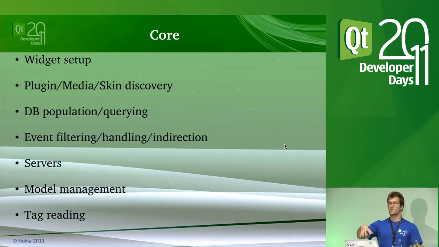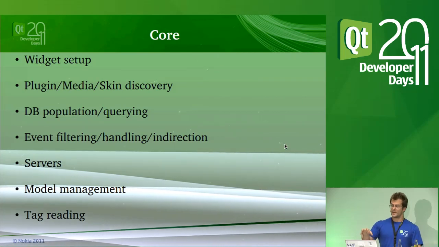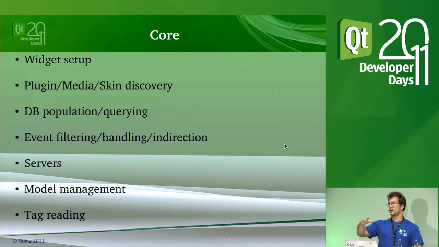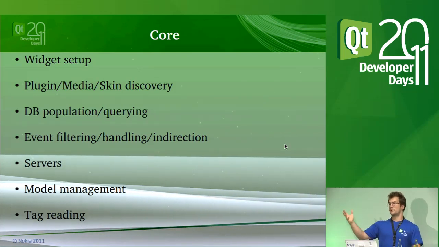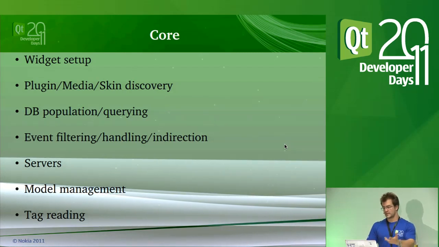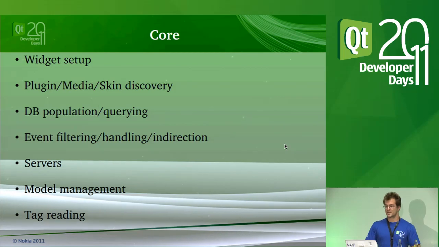And all the model management is clearly done in C++. As I mentioned, things like tag reading. Any custom media type that you want to register as a legitimate media type has a parser associated with it that will strip information from those files. The best example is libtag for MP3 information. So all of this clearly would exist in C++ land.